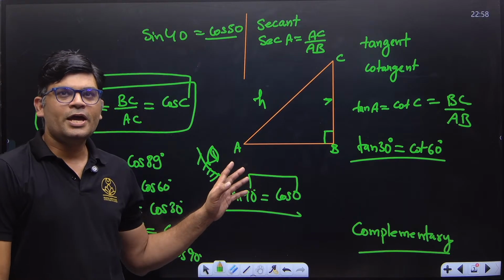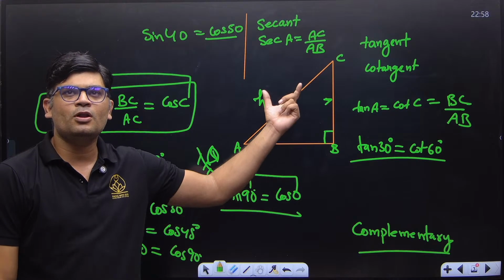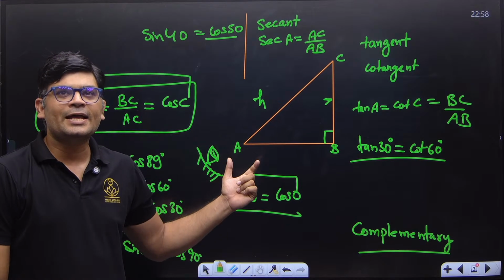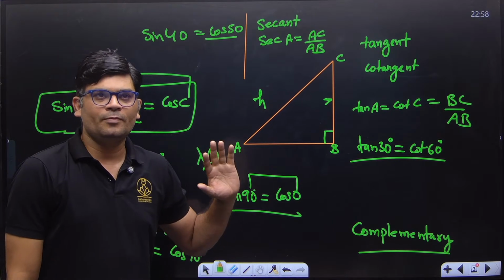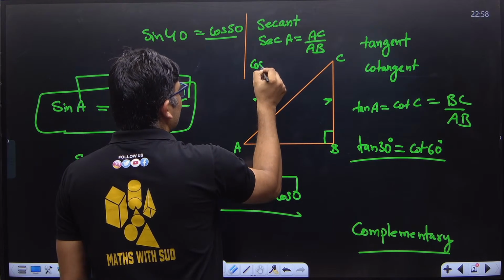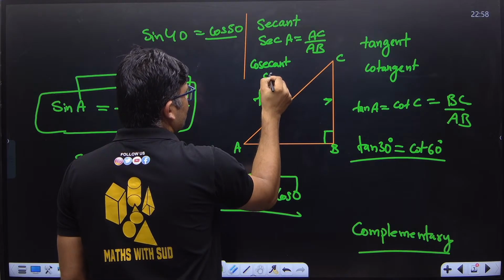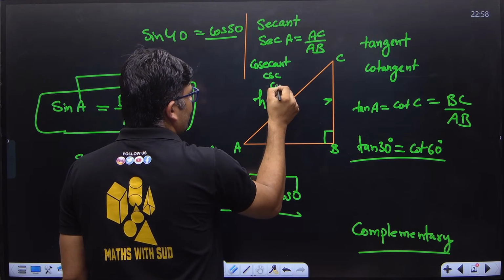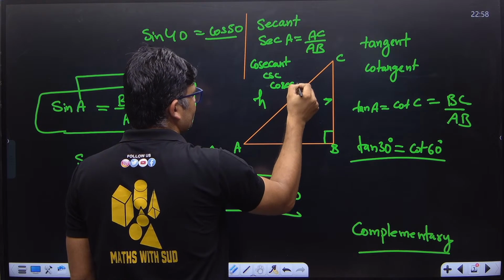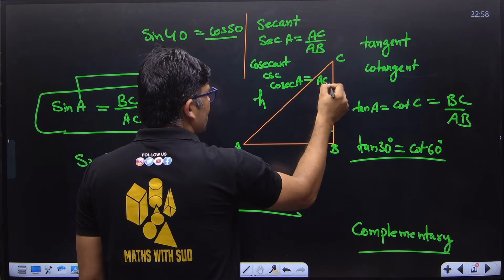It is the reciprocal of cos. What is cos? Cos is AB upon AC. So sec is AC upon AB. And the complementary of sec is known as cosecant. In short, we write CSC or we write cosec. So what is cosec A? It is AC upon BC.